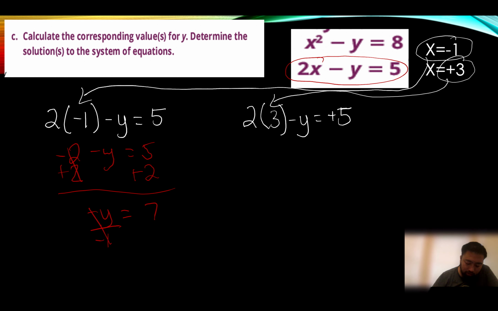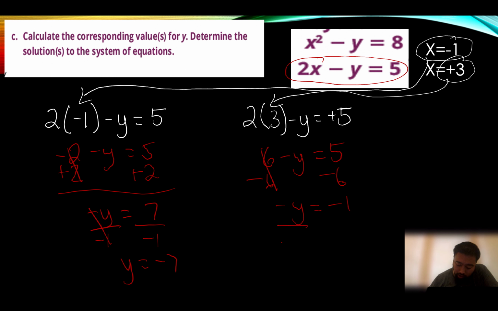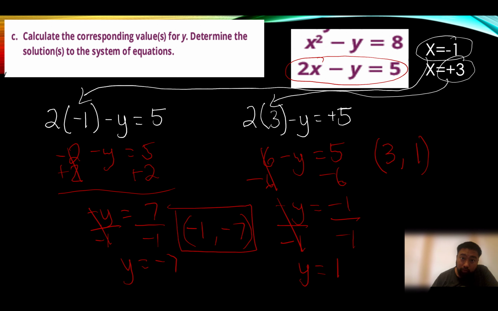Y can't be negative, so you have to divide. Y equals -7. Those are our two answers.